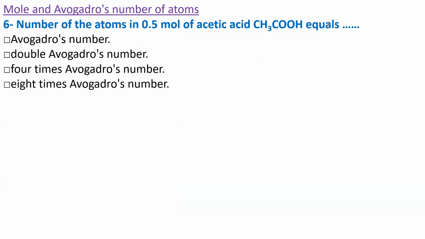Number 6. Number 6 is an application of mole and Avogadro's number, atoms. Number of atoms in 0.5 mole of acetic acid. Here, this is a molecule of acetic acid, CH3COOH. 1 carbon, 3 hydrogen, 4 carbon, another carbon, 5, 6, 7, 8.